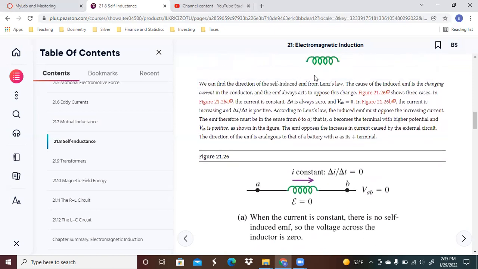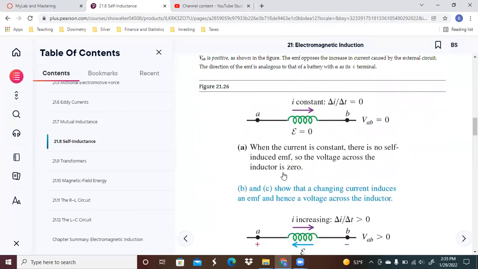So we can find the direction of the self-induced EMF from Lenz's law. The cause of the induced EMF is the changing current in the conductor, and an EMF always acts to oppose that particular change. In this figure, the current is constant, so the change is always 0, and then the voltage is going to be 0.